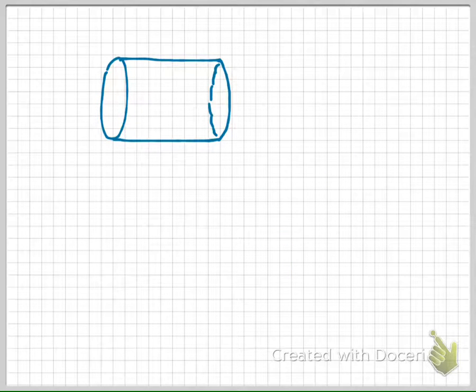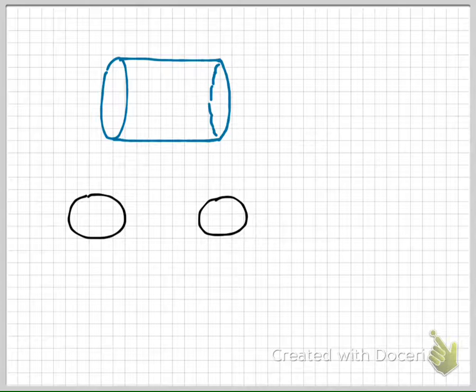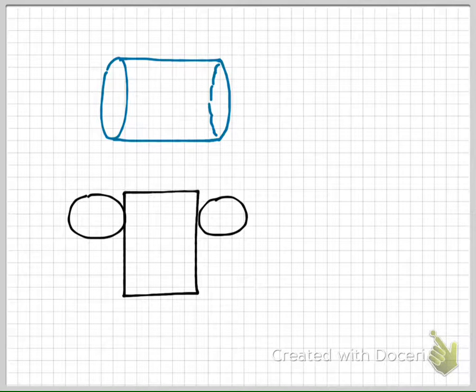Anyway, before I do this, let's lay out the map, or the net, right? You have the side, which is a circle. You have the side, which is a circle. And then you have, agreed, look at that. We've done this before.